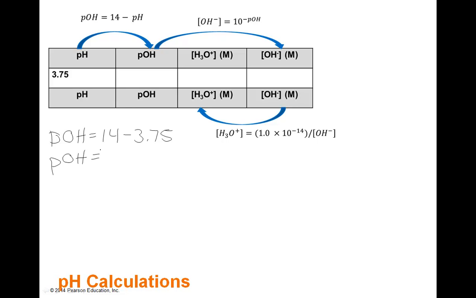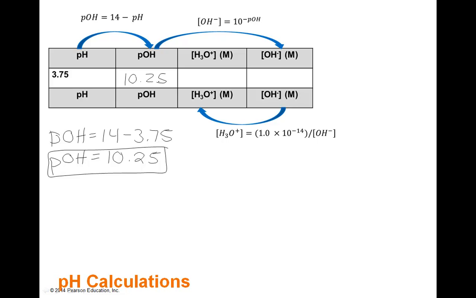So 14 minus 3.75 gives us 10.25. I'm not really going to be concerned about sig figs on the exam. Okay, but this is just kind of how you would do it in real life. So what that means is your pOH is going to be 10.25. So let me fill this in.